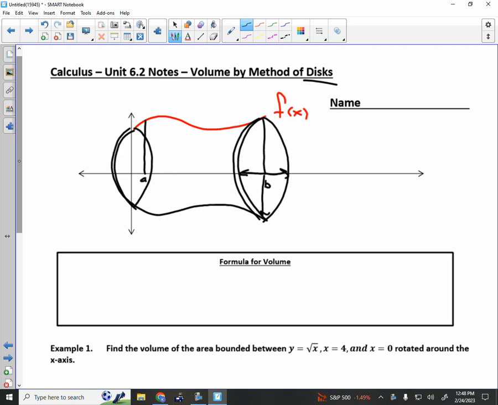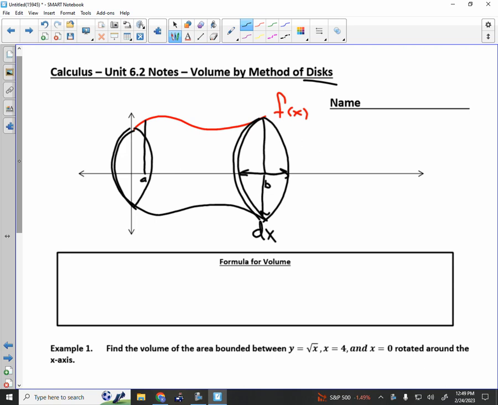And so the cool thing is we can find the volume of this disc. Almost think of it like a quarter. Like a quarter has a little bit of width to it, right? Does this have horizontal width or vertical width? Horizontal width, so the width is dx.